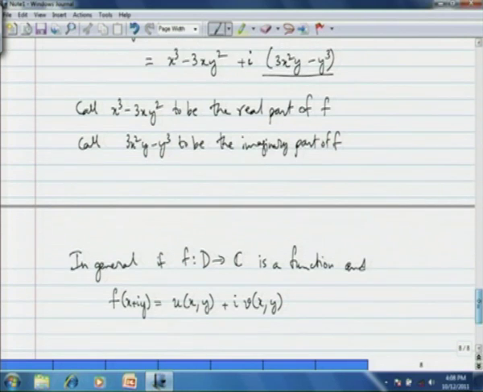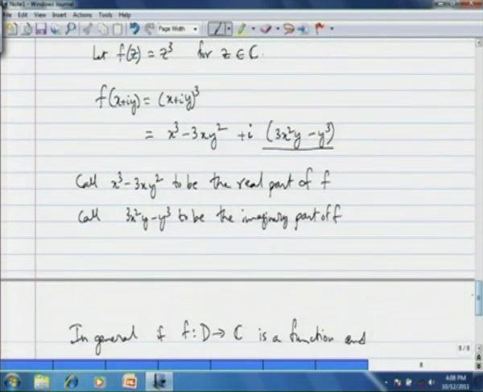In the example just presented, notice that the real part was an expression in terms of x and y, and likewise the imaginary part of f was an expression in terms of x and y.